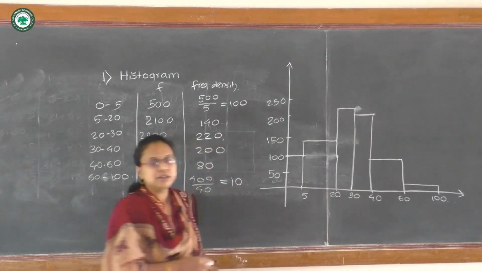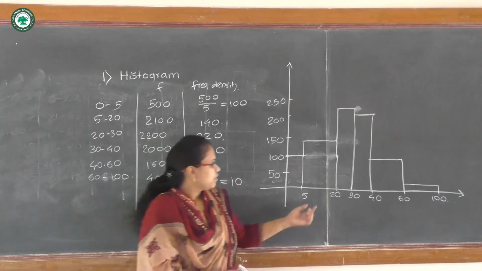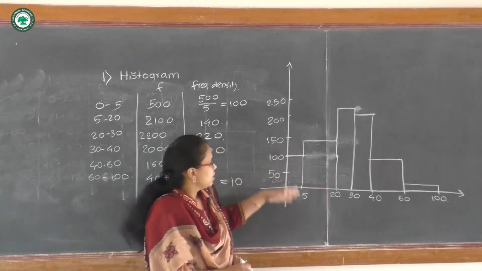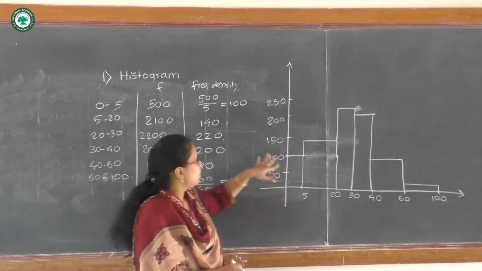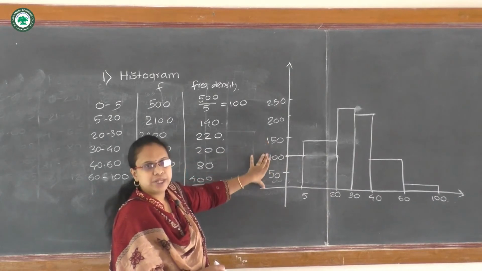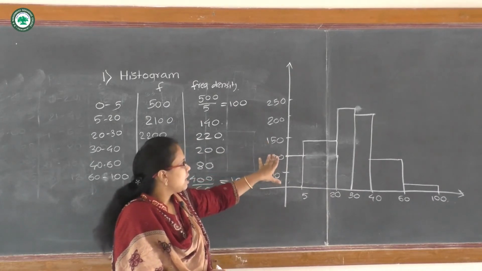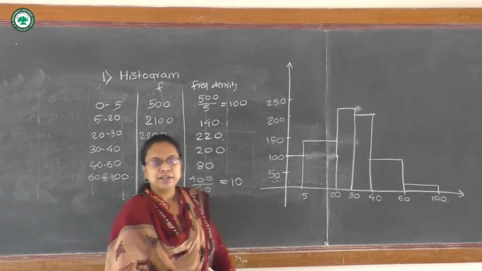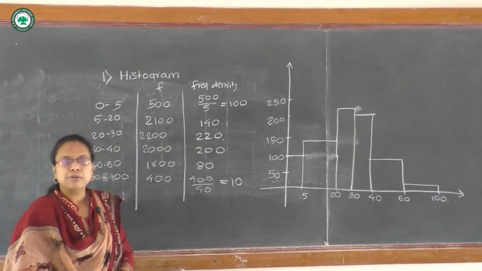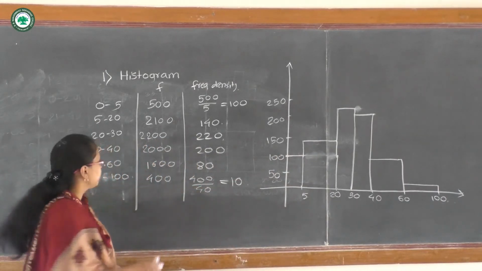Here we can mention on the x-axis we are going to take the class width, and on the y-axis we are going to take 50 units per centimeter, and we can give a title to the histogram. So this is all about the histogram.